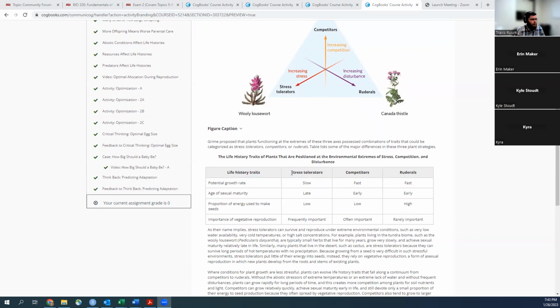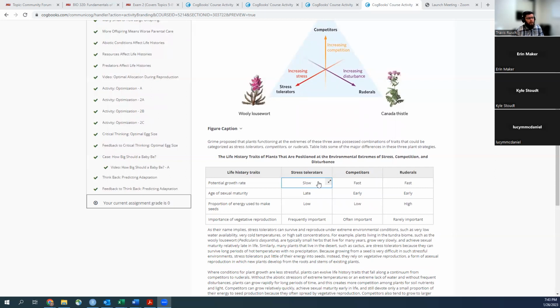That would be the stress tolerators compared to the competitors or ruderals. And we might think about why. Why would the growth rate of a stress tolerator maybe be slow? It doesn't have as many resources to grow quickly with.